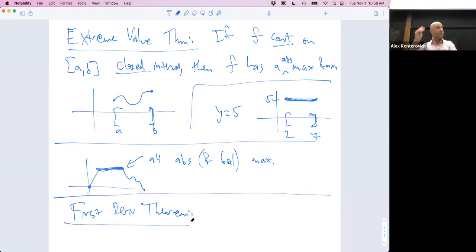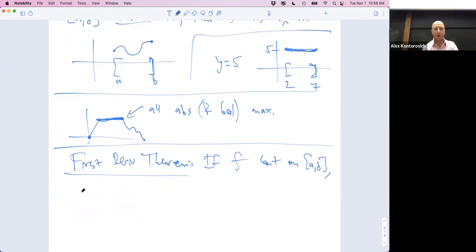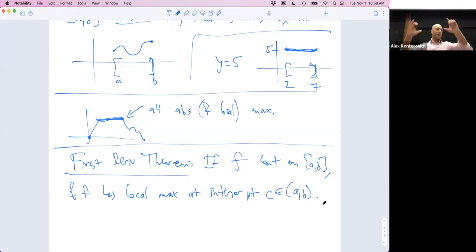Okay, this says the following: if f is continuous on, let's say, a closed interval, a to b, and that function has a local maximum or minimum at an interior point, let's say a local max at an interior point C, meaning it's not equal to a or b. A and b are the extreme values of the interval.